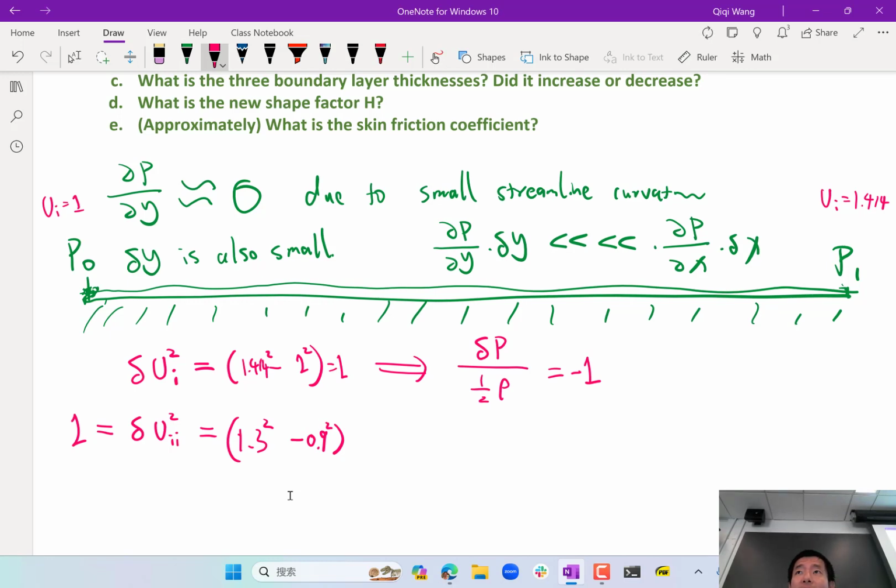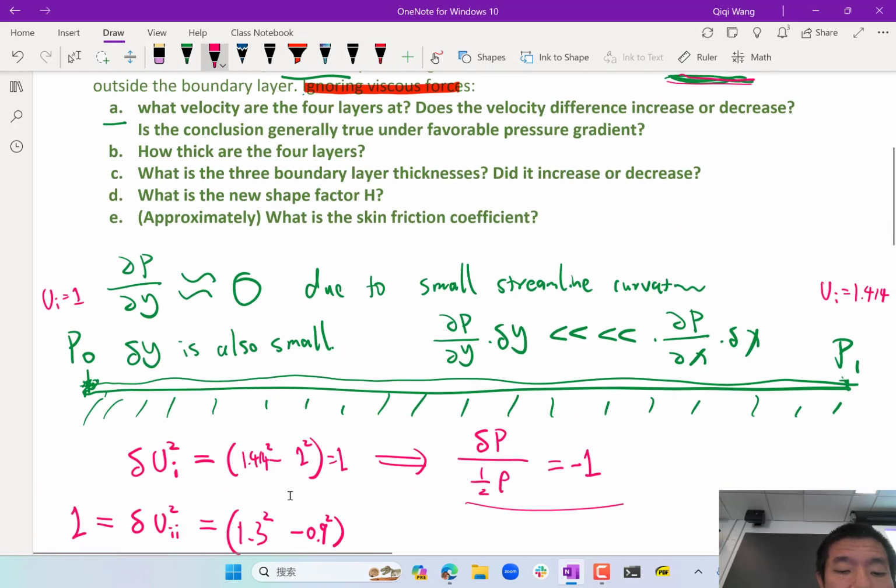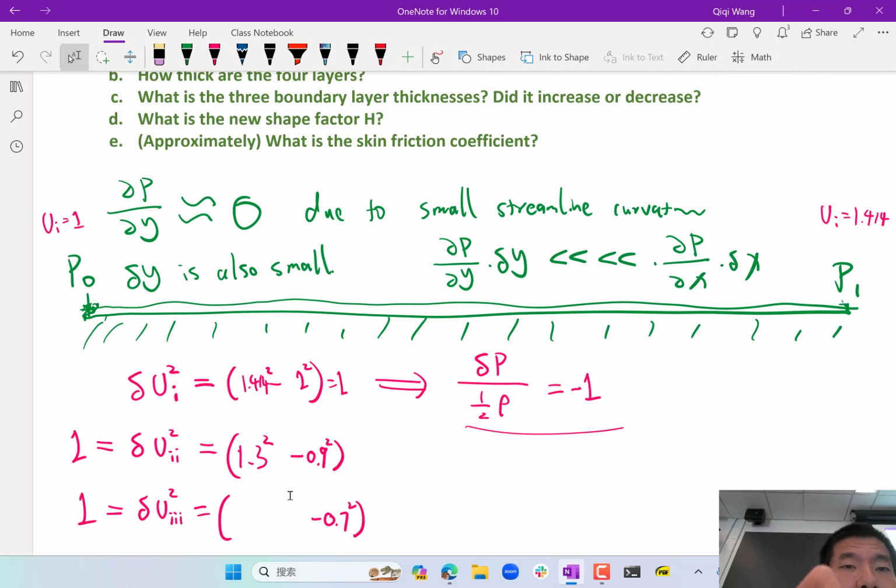Okay. So then let's look at the velocity difference on the third layer. That also has to be equal to 1. All of them have to be equal to the same pressure difference. On the third layer, we have something minus 0.7 squared. And what has to be the unknown to get to 1?